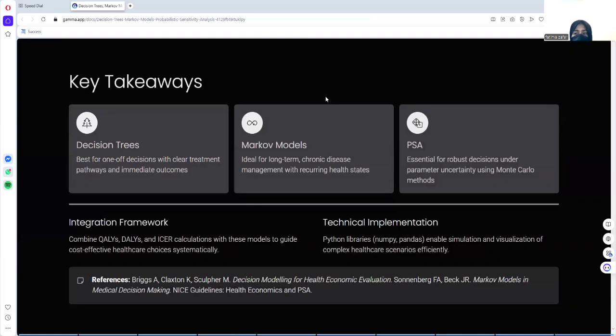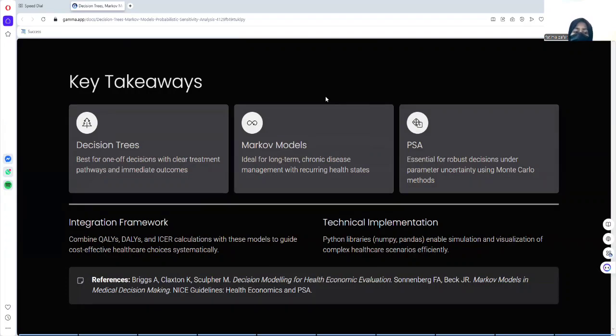After that, what are the key takeaways? Decision trees are best for one-off decisions with clear treatment pathways and immediate outcomes. Markov models are ideal for long-term chronic disease management with recurring health states. PSA is essential for robust decisions under parameter uncertainty using Monte Carlo methods.